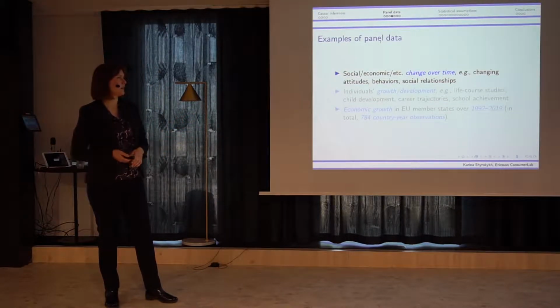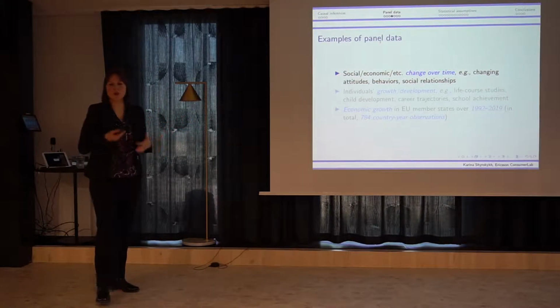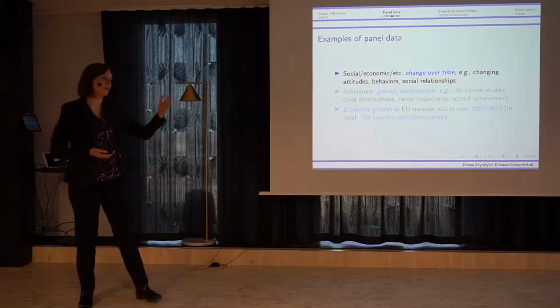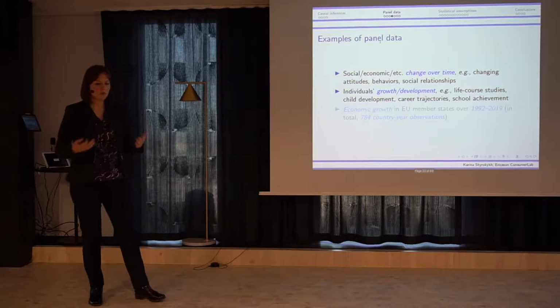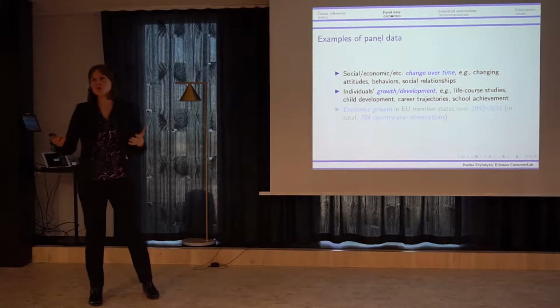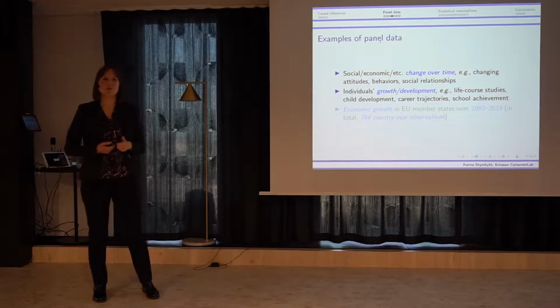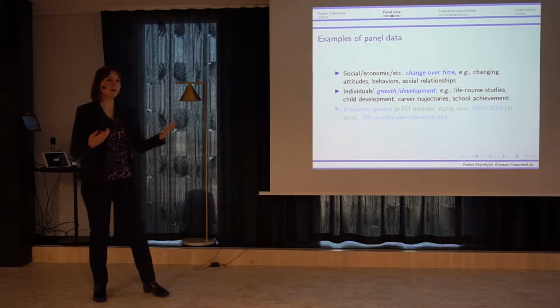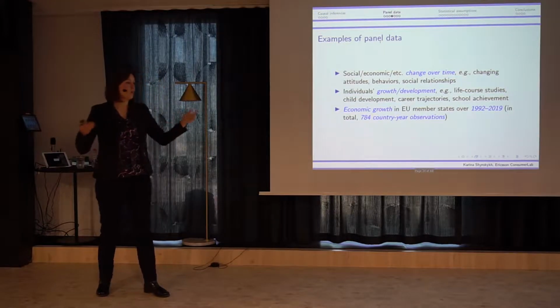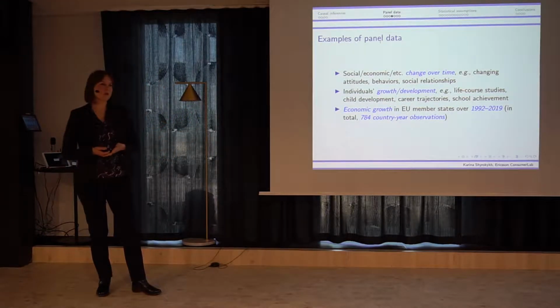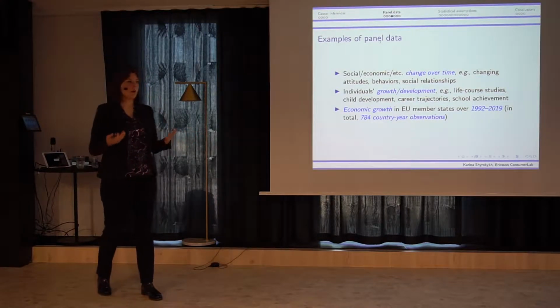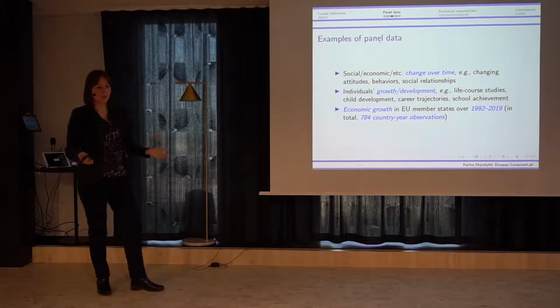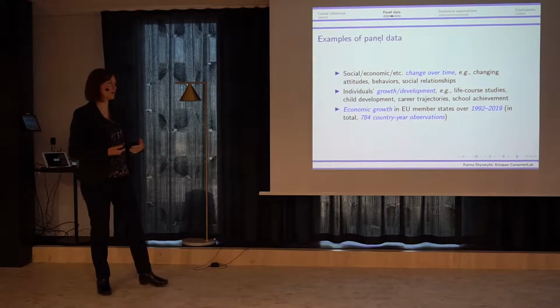For instance, it can be social or economic changes over time in a few countries or regions. It can be individuals' growth or development in different contexts, not only physical, but also mental. Or it could be economic growth in EU member states over, let's say, 20 years, and then it would give you quite many observations in comparison to cross-section or time series dimensions of the data.